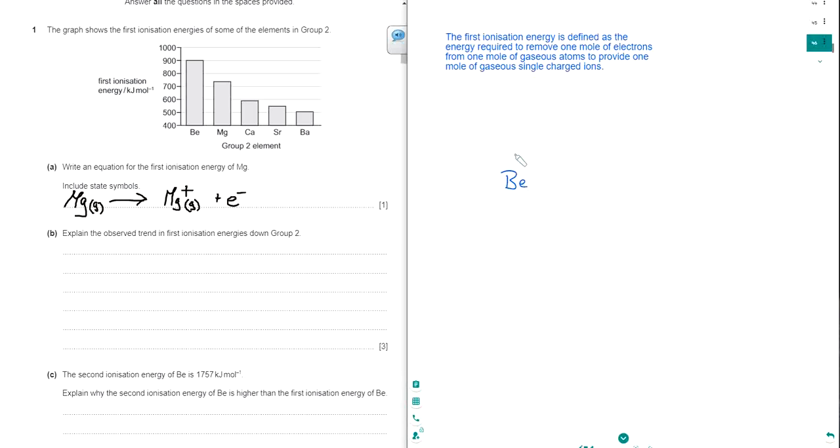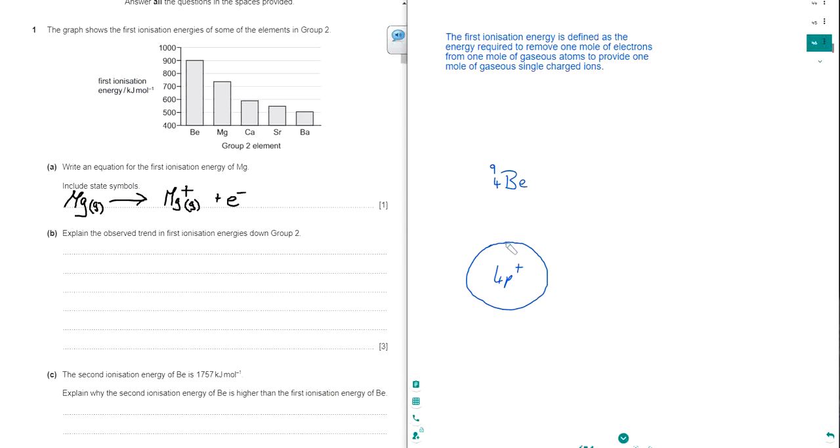Beryllium has an atomic number of 4 and mass number of 9, so that means beryllium has 4 protons in its nucleus. That's quite important here. So let's write the proton number in the center of our atom.